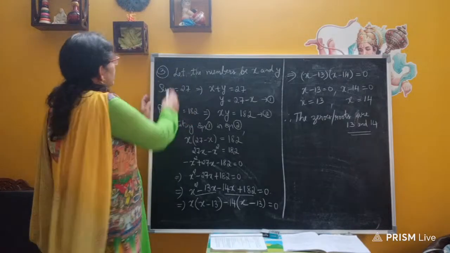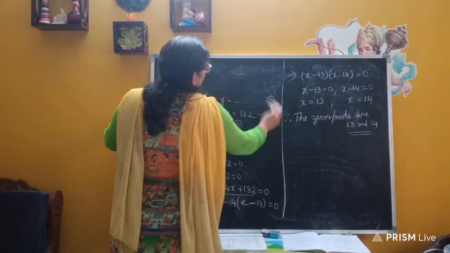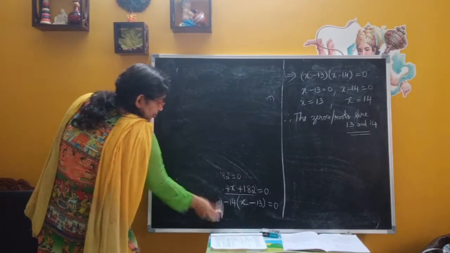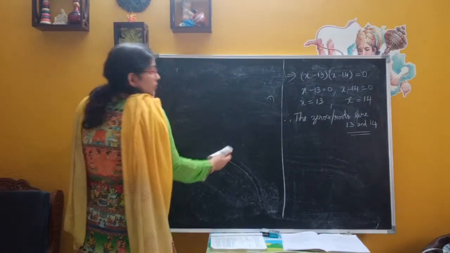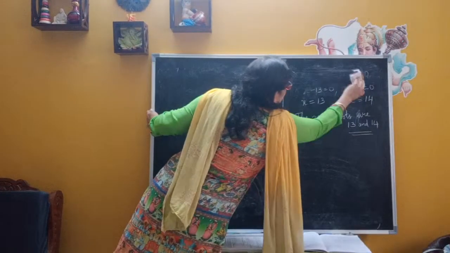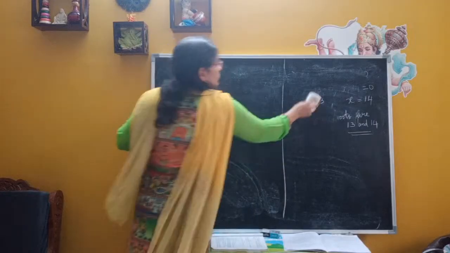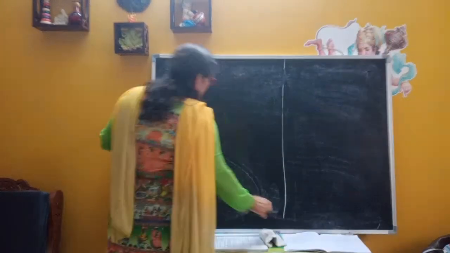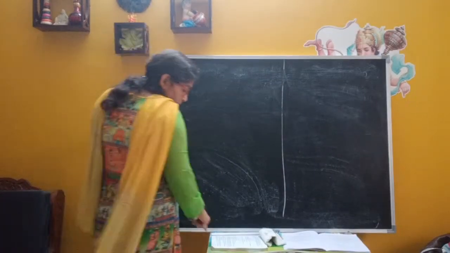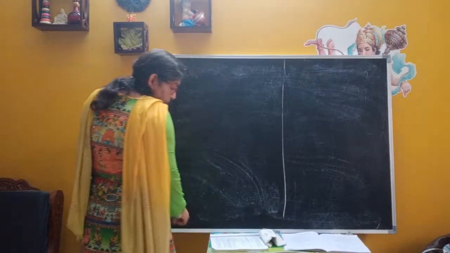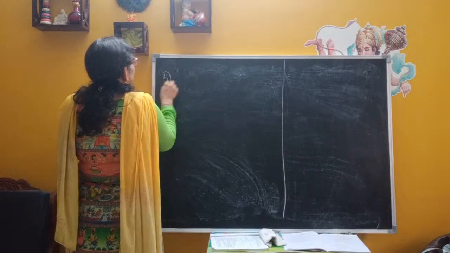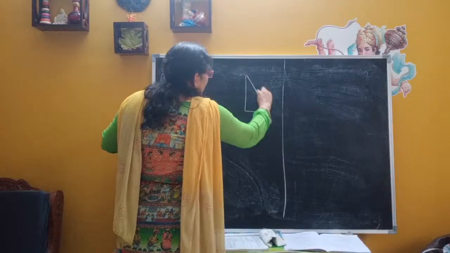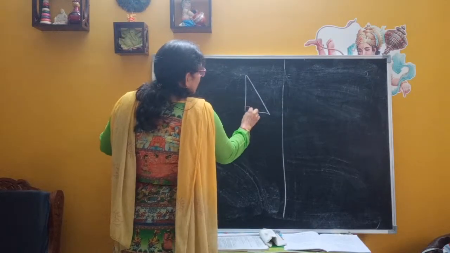Okay, let me erase this and then I will explain that. If we have a right angle triangle like this, okay, 90 degree.